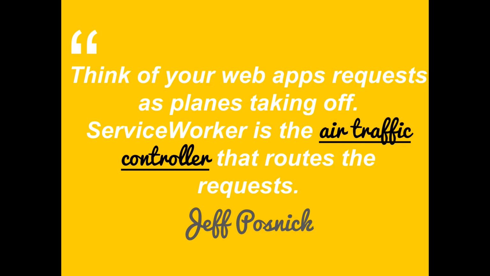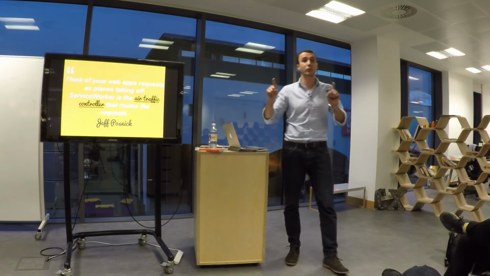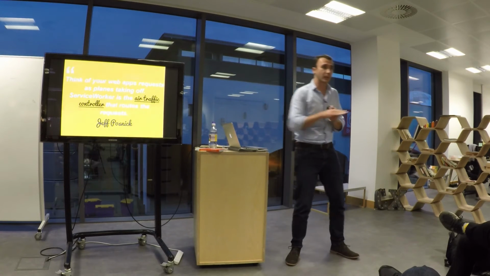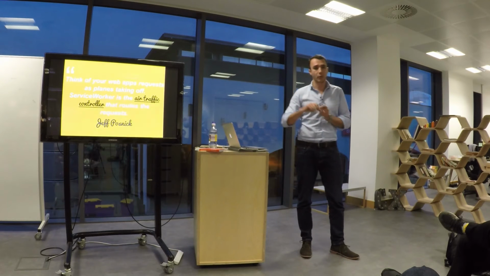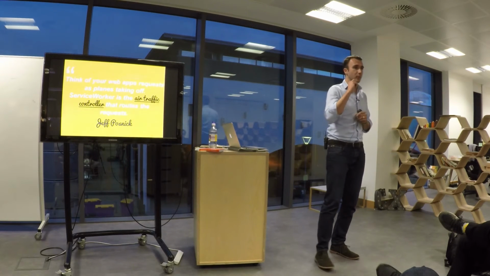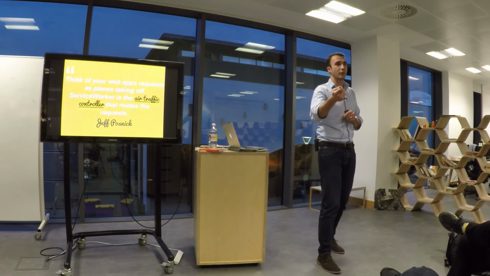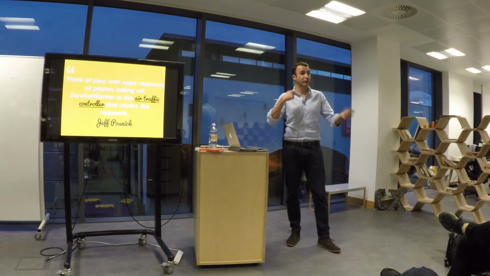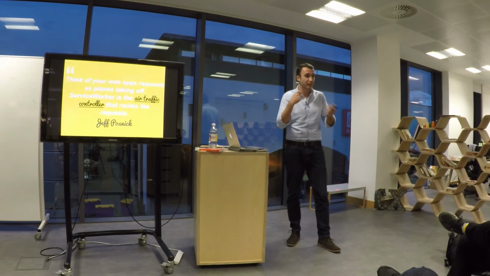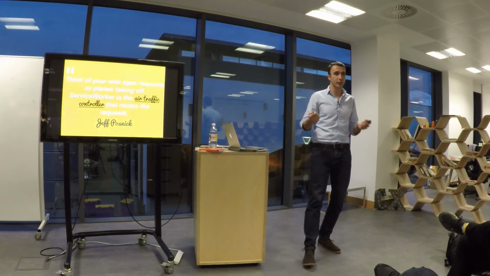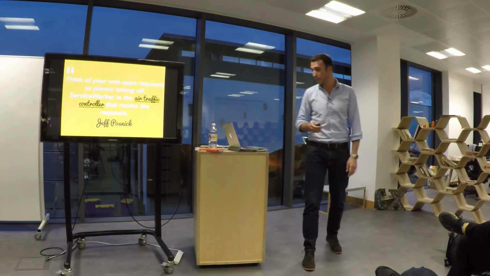Service worker is the air traffic controller that routes these requests. And the service worker lets us tap in to an event called the fetch event. And this is anything coming and going. Every time you make a request for an image, every time you make a request over the wire, just an AJAX request, that is controlled, and we can tap into that. So this really unlocks a load of possibilities for us as developers.